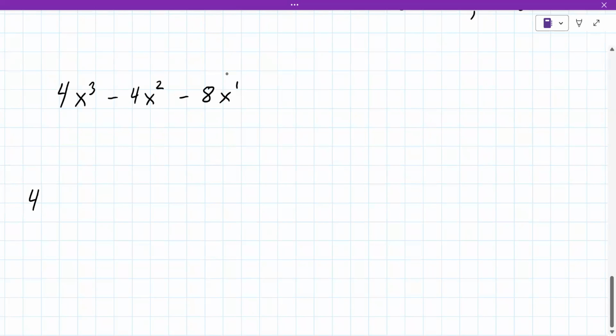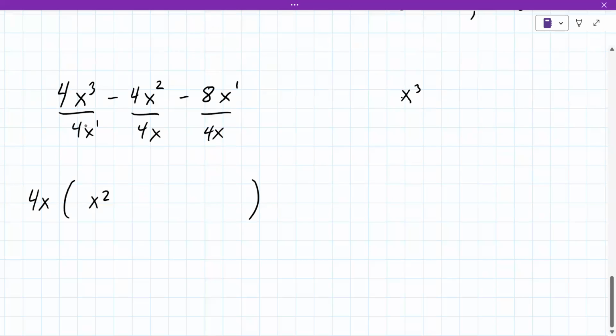So you would factor out, yeah, you actually divide everything by 4x. The fours do cancel, but x cubed over x is x squared. This is review.